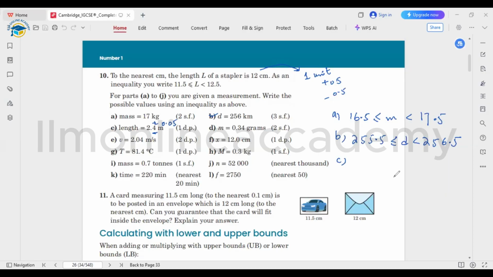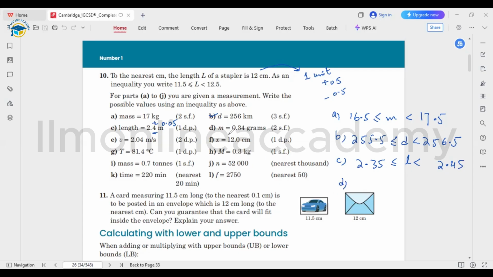So first of all, we need to check the lower bound. From 2.4, we subtract 0.05 and it comes to 2.35. And after adding 0.05, I'm getting 2.45. So this is basically the lower and upper bound up to one decimal place.